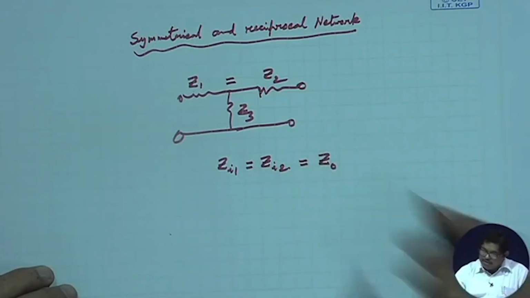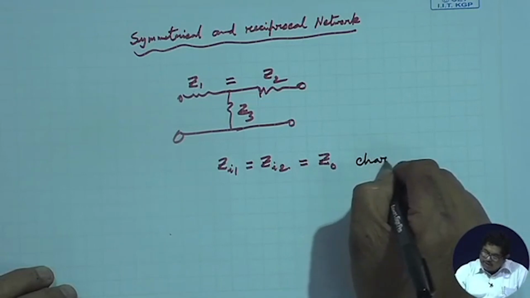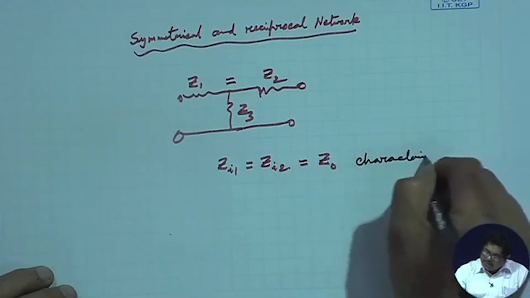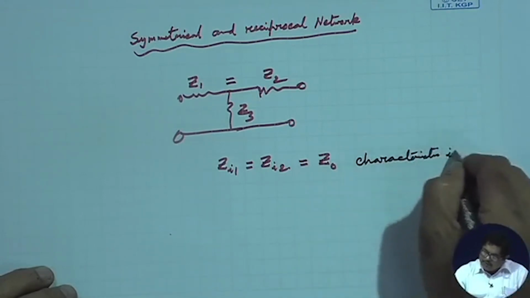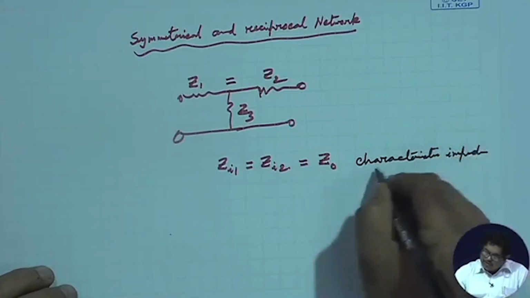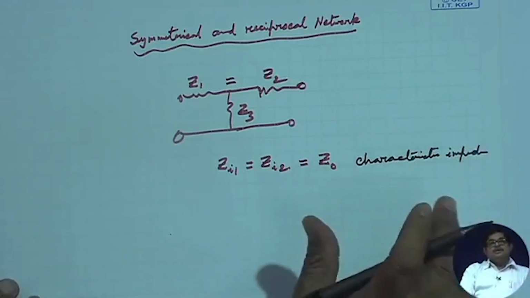What is Z0? A very important concept called characteristic impedance. So, for a symmetrical network, I have only one characteristic impedance. For a non-symmetrical reciprocal network, I have two image impedances, but here it is one.